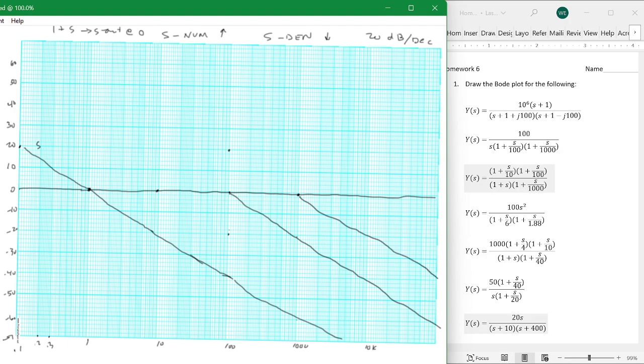Now, what do you do with this whole mess? Well, you're not done yet. There's a constant. The constant here is what? 100. So now you take 20 log 100, and that is my offset.